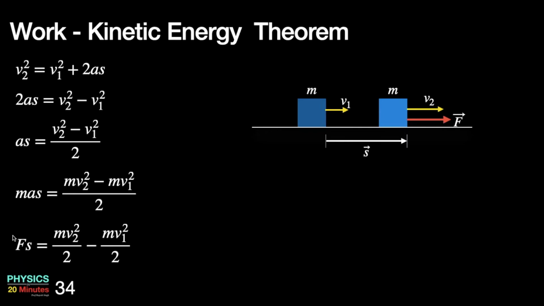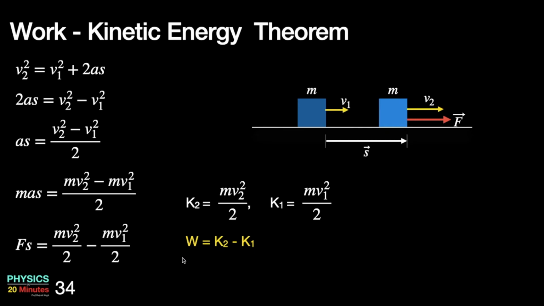But what is force into displacement? Work. Force and displacement here are in the same direction, and the product of the two will give me the work done. We have identified half mv square as kinetic energy. So half mv2 square is the final kinetic energy K2, and half mv1 square is the initial kinetic energy K1, and therefore Fs, which is the work done, can be written as K2 minus K1.